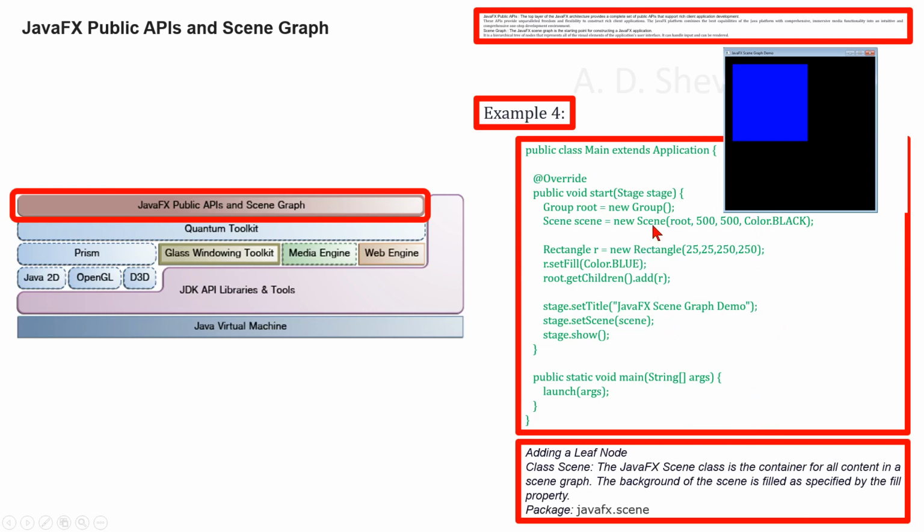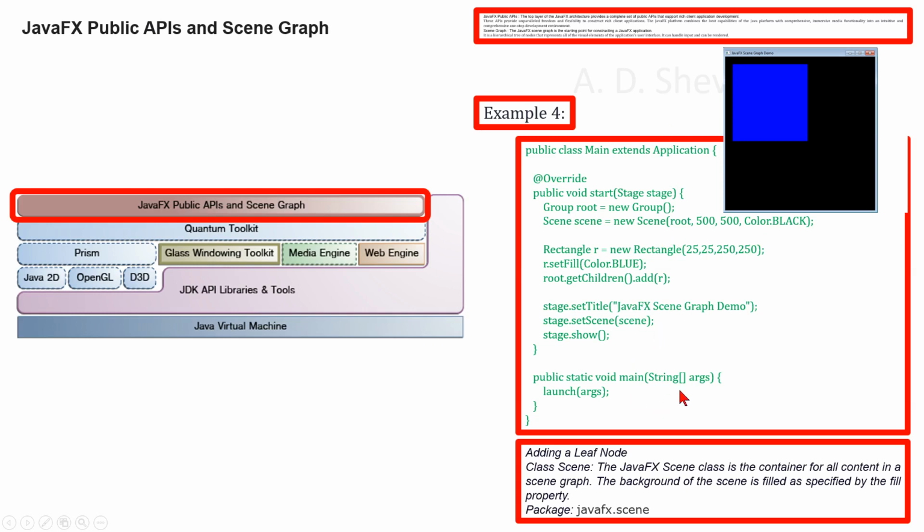Class Scene, the JavaFX scene class is the container for all the content in a scene graph. The background of the scene is filled as specified by the fill property. The class Scene is in the javafx.scene package.